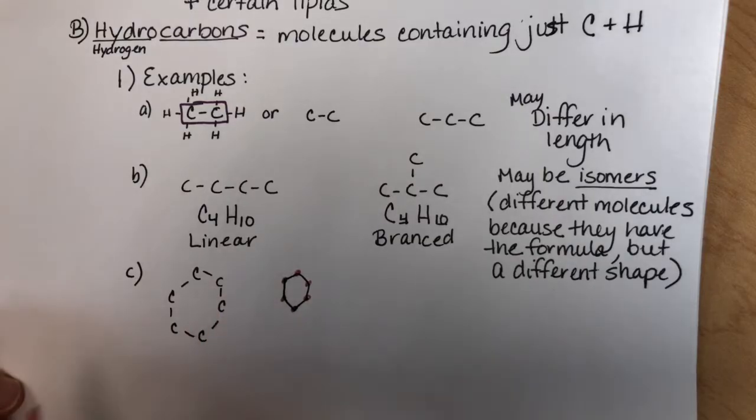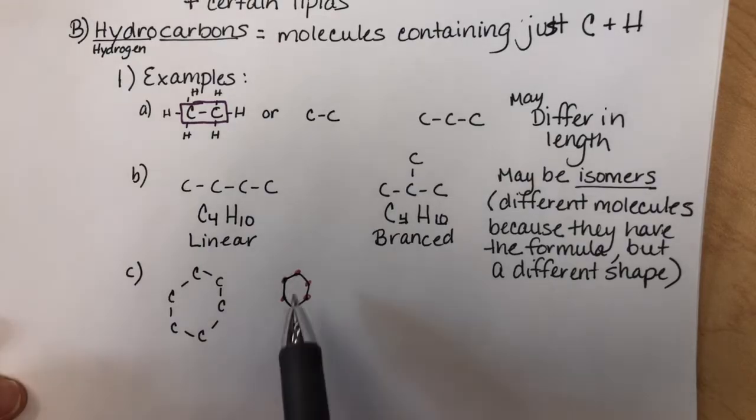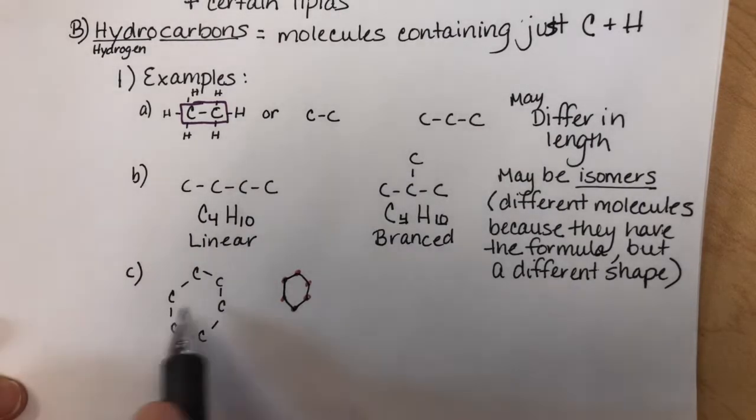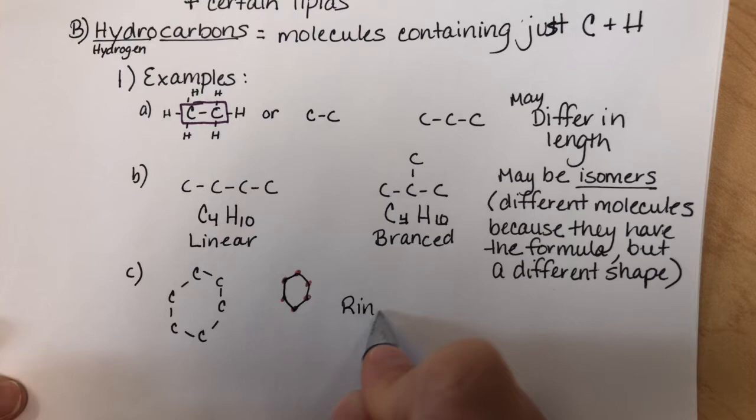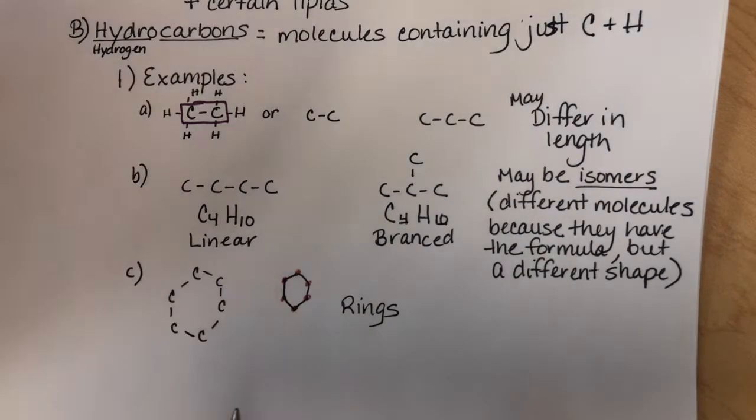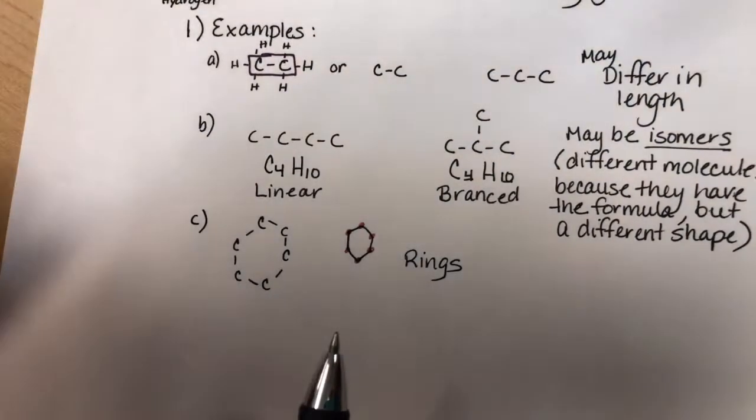Sometimes I try to simplify it even more by not even putting the carbons, but knowing that each point would be a carbon atom. I want to point that out because sometimes you'll see drawings where that's the case. So these are ring-shaped, and when we do sugars, we'll see that a lot of sugars are ring-shaped.